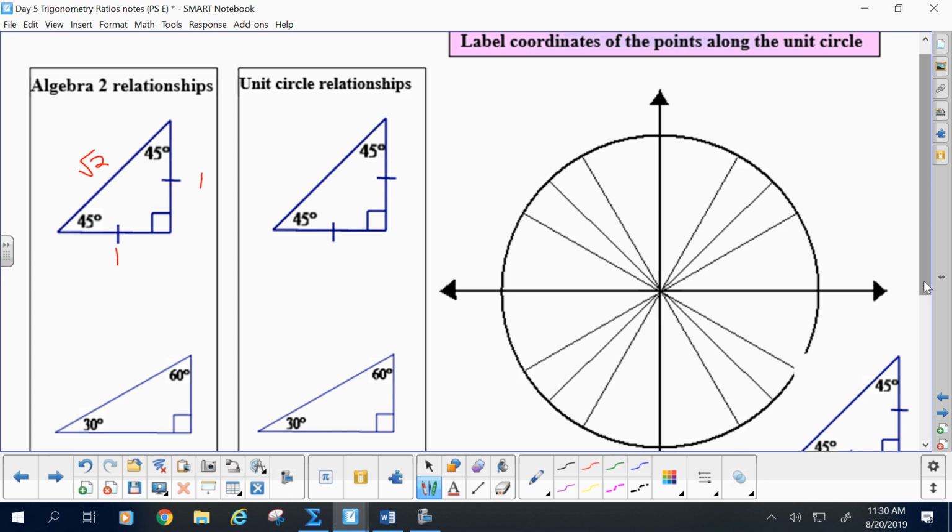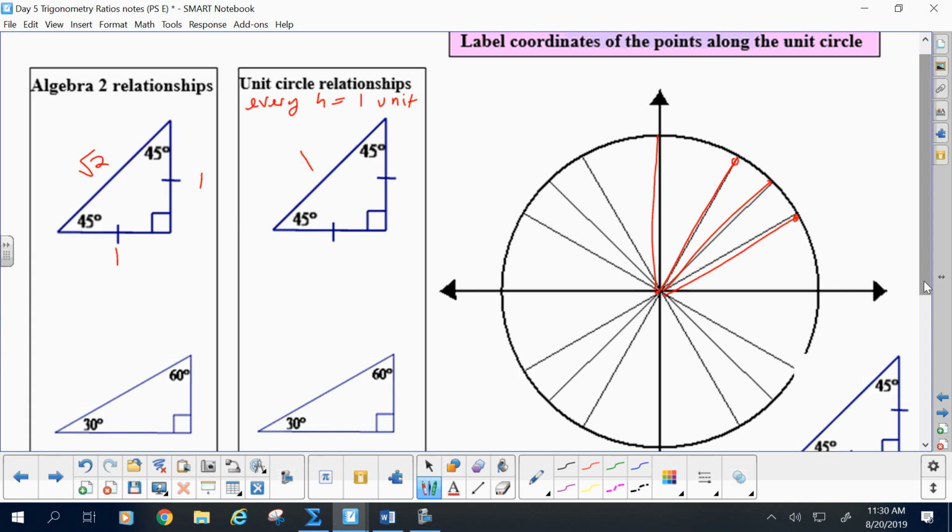Now in the unit circle, we focus on, first of all, why circles? Well, in the unit circle, every one of these is a radius, yeah? And so in the unit circle, every hypotenuse has to be one unit. That's why they call it the unit circle, because the radius is one unit.